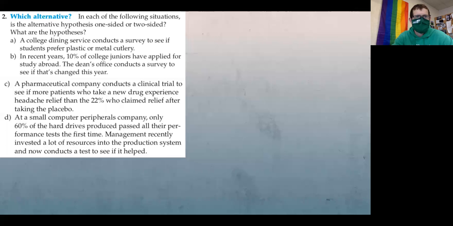Can you define one-sided and two-sided again? One-sided basically means you have an idea that the change or the difference trends in one direction. Like the null is that these are equal, and the alternative is that there's a difference and this one is far more preferred.